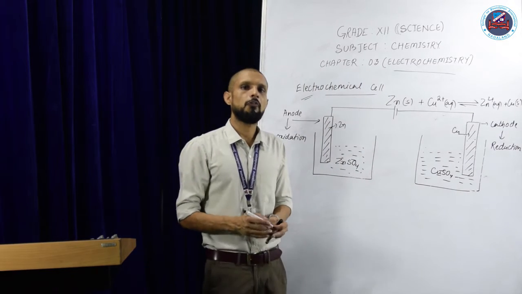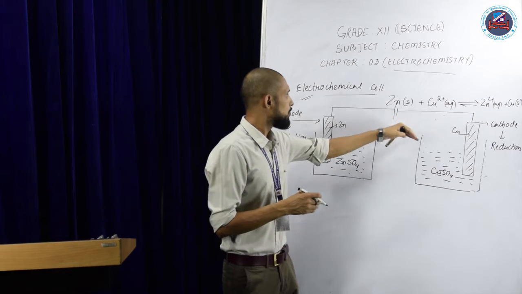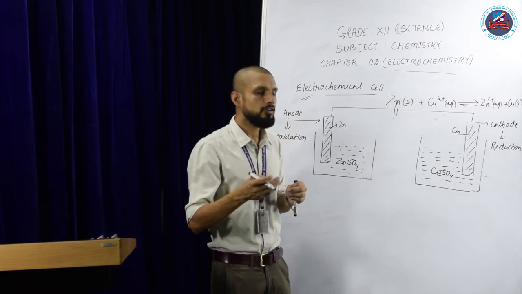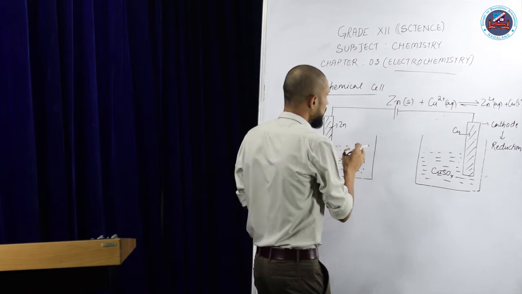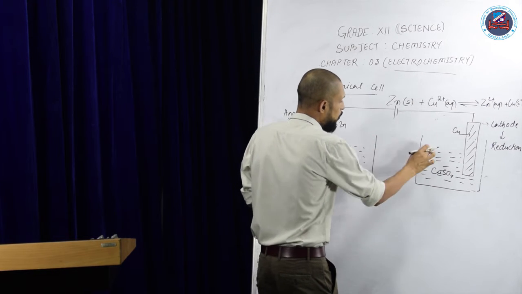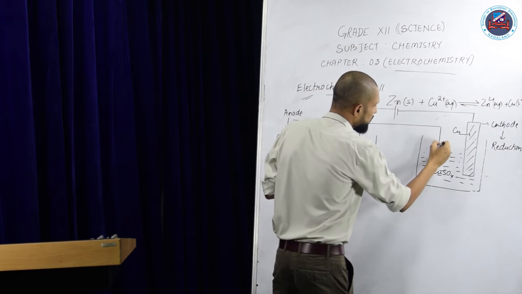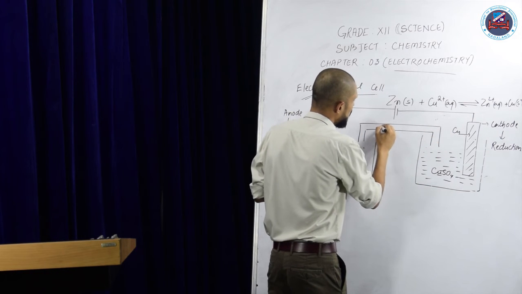Now we know from physics, in order to complete this cell, that is, for the flow of current, you need a closed circuit, a complete circuit. Now, these two half cells will be completed with the help of salt bridge.